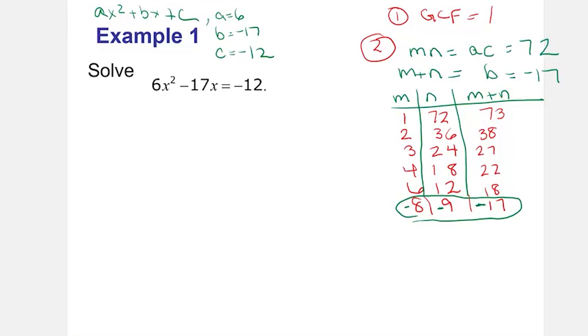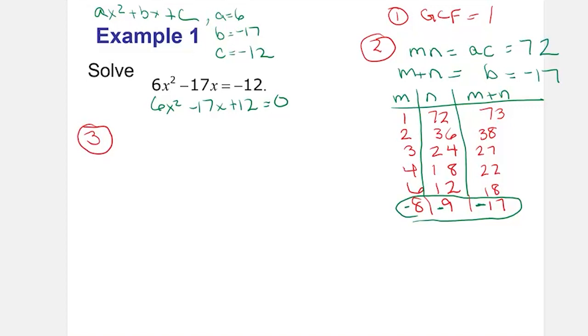And remember, we change this to 6x squared minus 17x plus 12 equals 0 because we always want to make it equal to 0. Okay, so step 2, we found our numbers. Now, because the A is not equal to 1, we have to do the long way. If we get to a point where we have A equal to 1, I can show you a shortcut way.